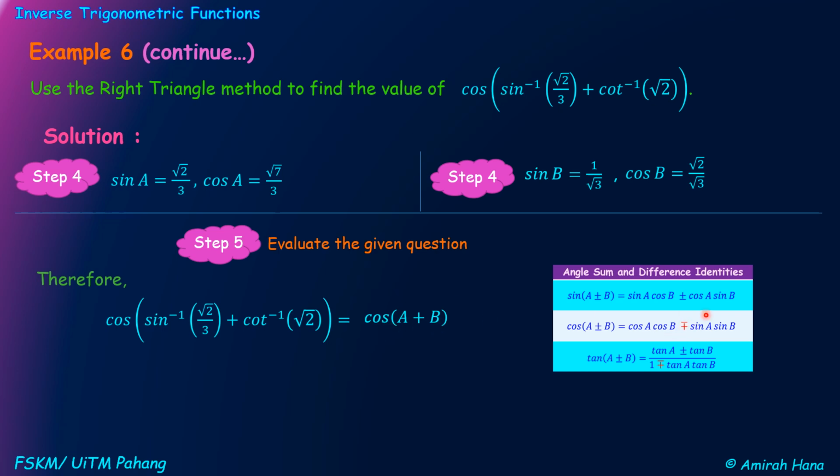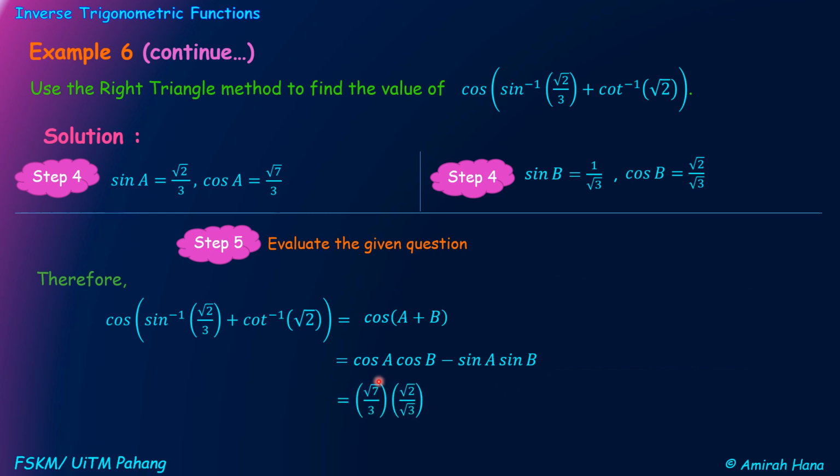So cos(A + B) equals cos A cos B minus sin A sin B, and we write it here. Then we substitute the values of cos A, cos B, sin A, and sin B. Cos A equals √7 over 3, cos B equals √2 over √3, and then minus sin A, where sin A equals √2 over 3, times sin B, where sin B equals 1 over √3. Then √7 times √2 equals √14, and √2 times 1 equals √2. 3 times √3 equals 3√3, and we have the same denominator here, so we can combine together.